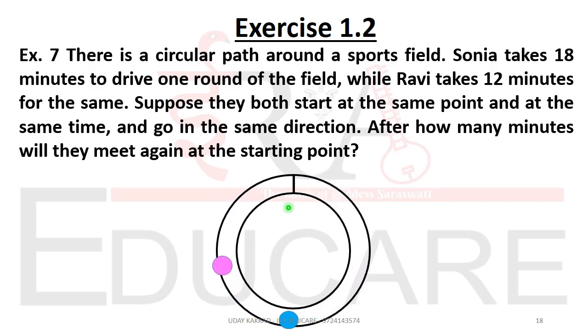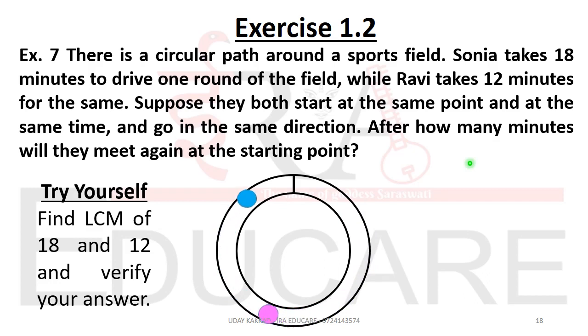So it's simply that you have to find the LCM of 18 and 12, and verify your answer. You find the LCM of 18 and 12 and this is your answer. After that many minutes Sonia and Ravi meet. Okay, thank you.